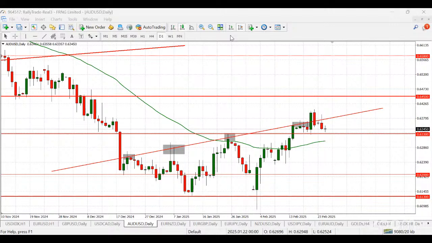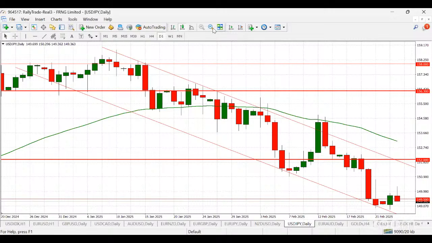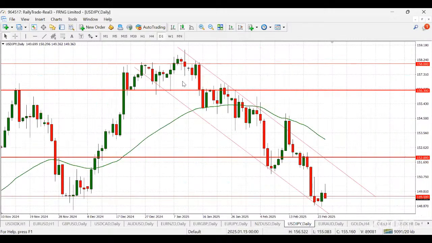Okay, so USD JPY first. Let's touch on USD JPY first. So what do we have here? Okay, so on USD JPY, we have this descending channel, which is, of course, bearish.